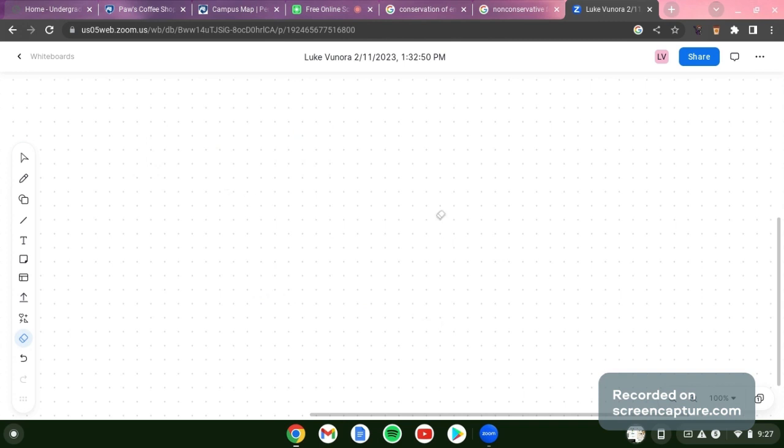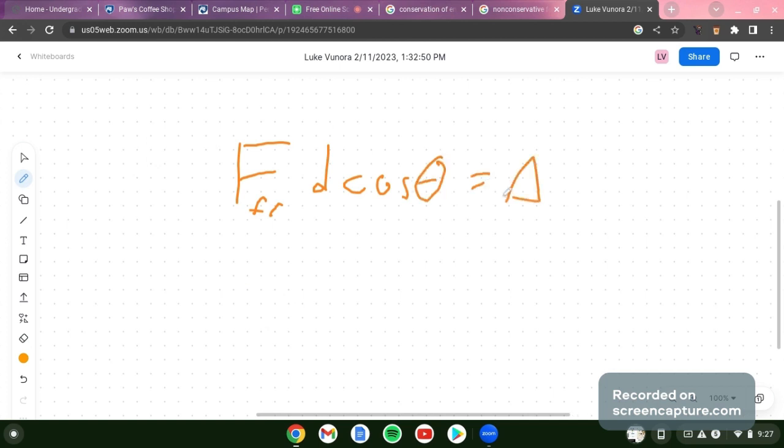And so we get the equation F_d, which we often use friction force for, F_d cosine theta equals change in U plus change in K.